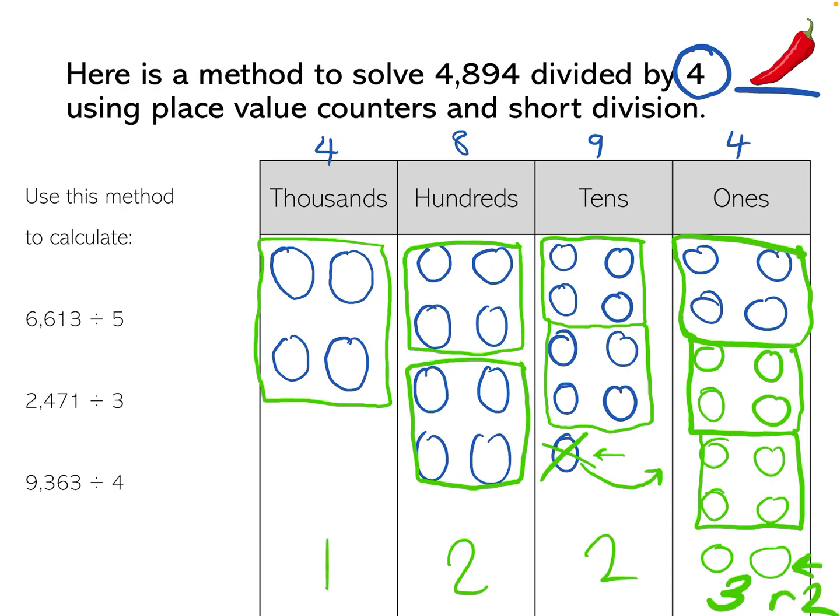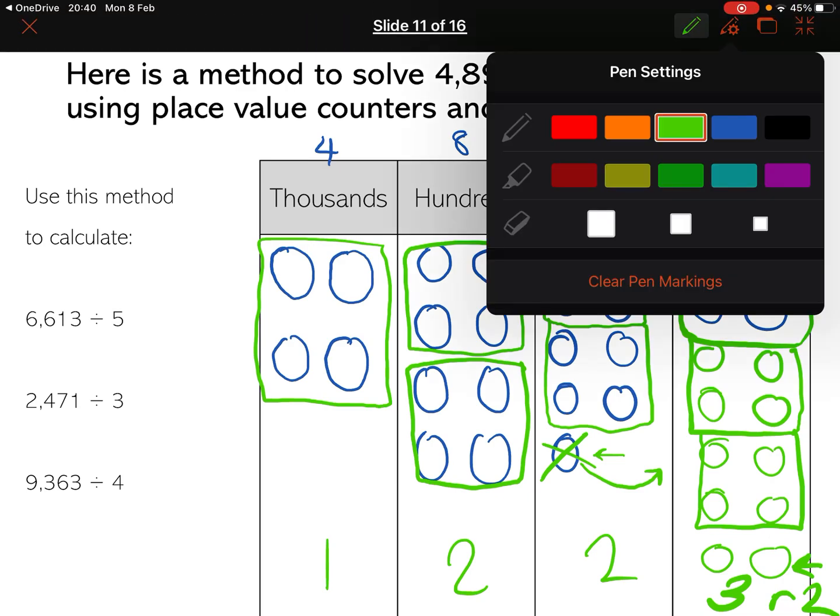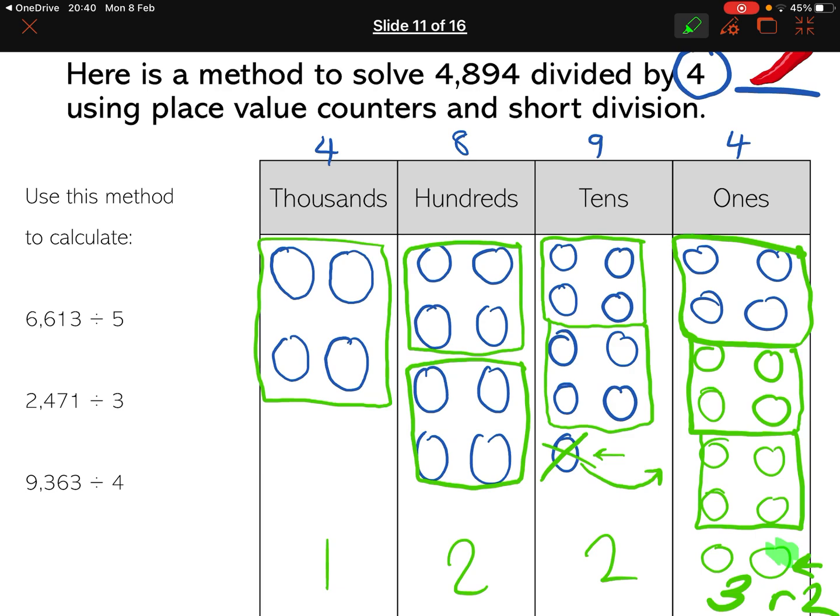What have I got left over? I've got a remainder of 2. So my answer for this top question will be 1,223 remainder 2. Now that remainder 2 is this bit down here. There's our remainder 2, 2 that didn't fit into a group.